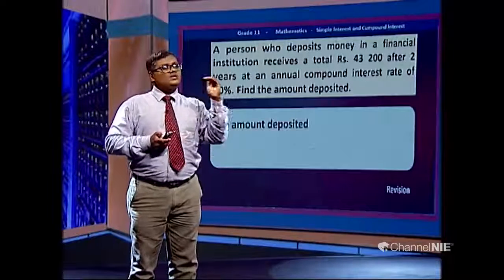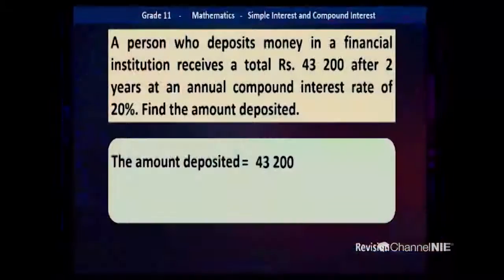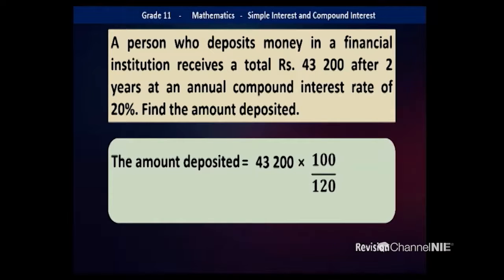See, amount deposited equals 43,200 into 100 upon 120, second year again into 100 upon 120. When you simplify that, 120 cancelled with 43,200, answer 360. 360 divided by 120, answer is 3. Then 3 into 100 into 100, answer 30,000. The same thing here, we didn't use an English letter for that, just reciprocals.